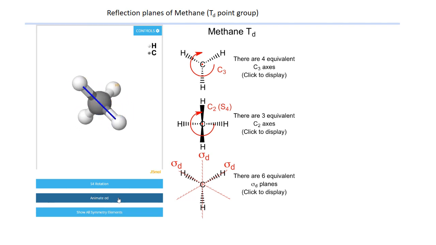Here you can see the sigma d plane, and about which two atoms are going to each other's position, because it is the mirror image. So that also we have viewed. So I think now this will be clear for the illustration of the sigma d and improper axis in methane.